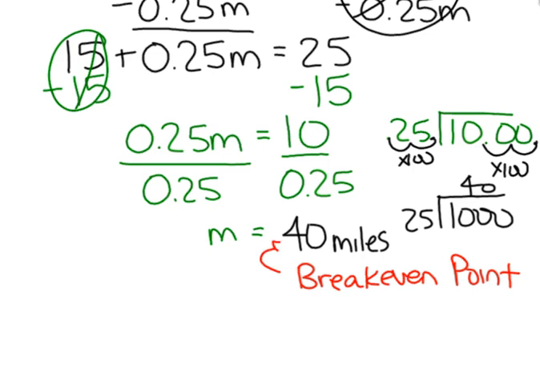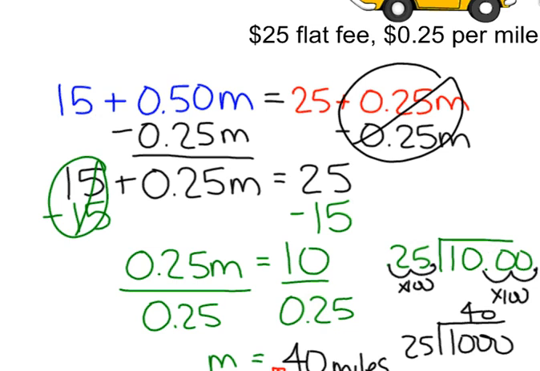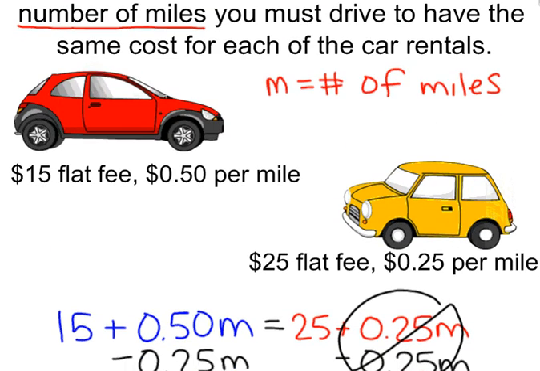And a break-even point is where you have two different situations and you're trying to find the place where the cost would be the same for either one. So if I go back to the original problem, the red car had a lower flat fee but cost more per mile. The yellow car had a higher flat fee and cost less per mile. 40 miles is how much it would cost to be the same for either one.